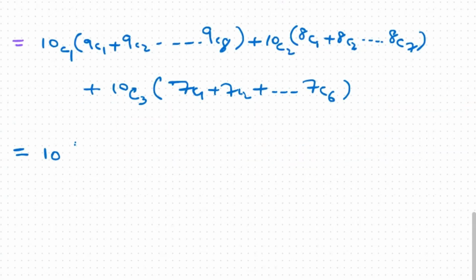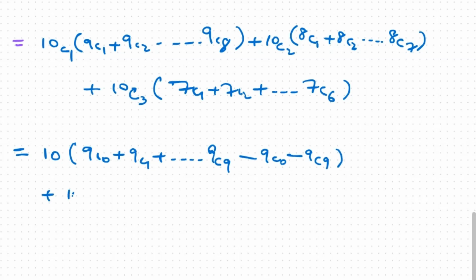10C1 will be 10, that will be 9C0 plus 9C1 plus and so on up to 9C9 minus 9C0 minus 9C9.